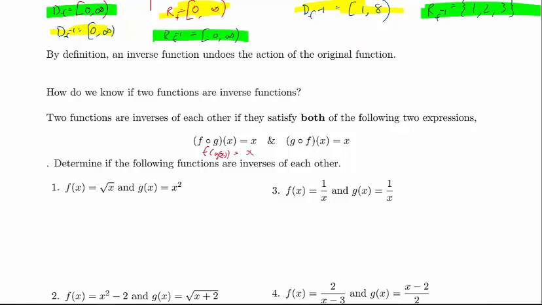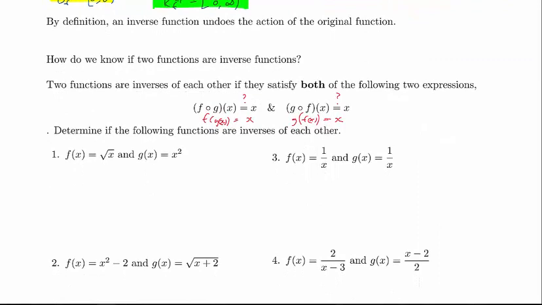So if this is true, and if this is also true, then they are inverses. We put little question marks because that's only true if they're inverses. If you go through that and it turns out that it doesn't equal x, then you don't have an inverse. So you're not setting it equal to x, you're testing it to see if it equals x.